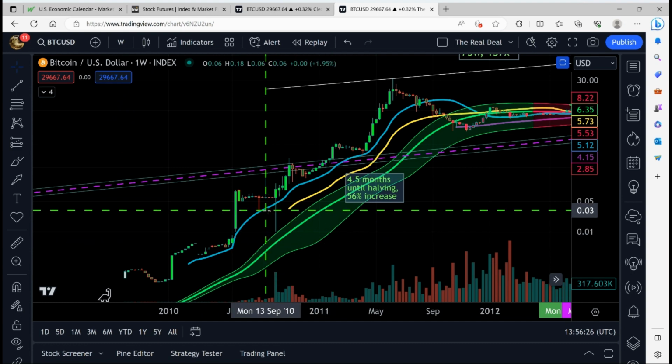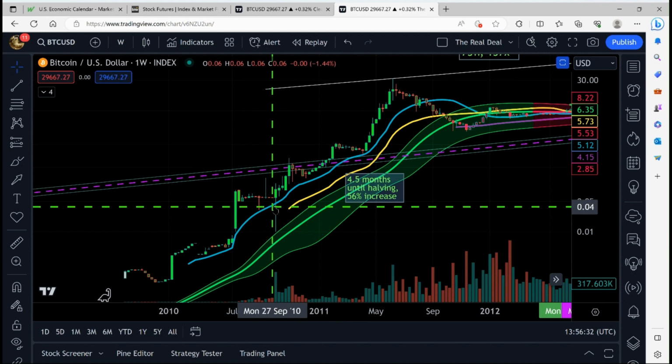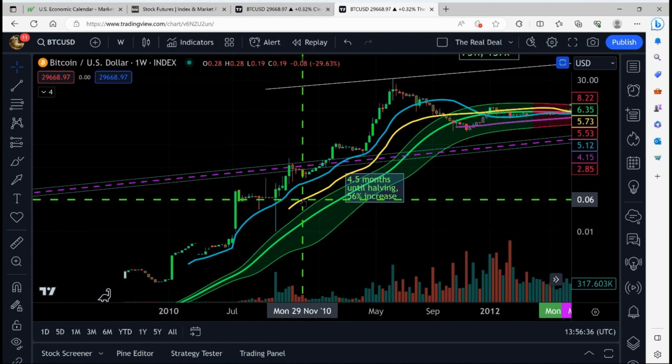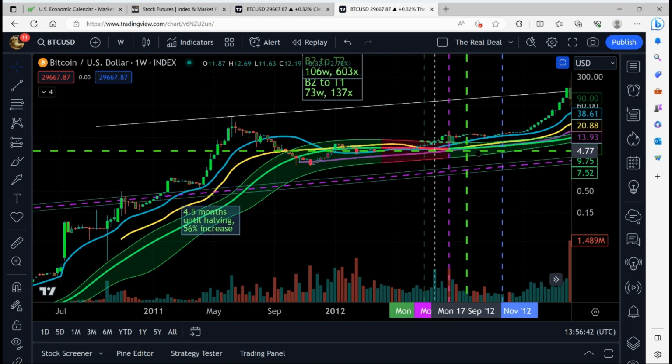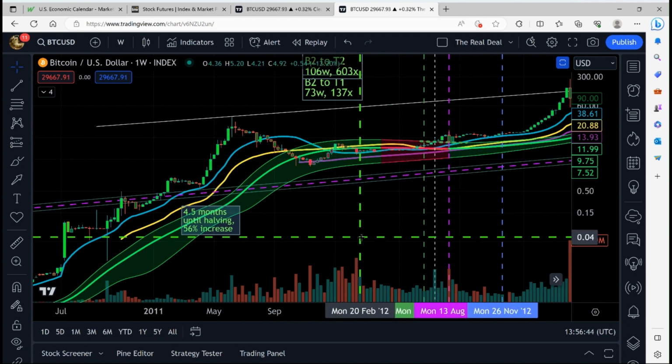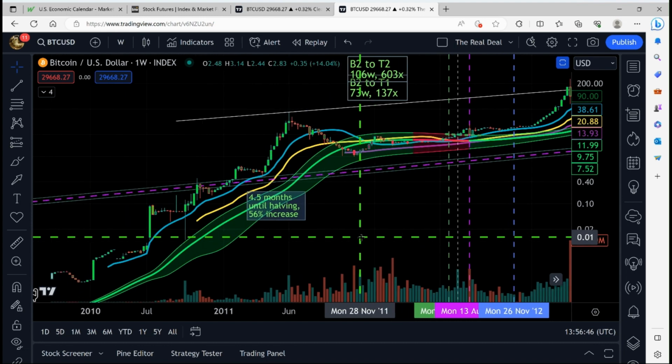We have the 20-week moving average, or whatever time frame we're on, in aqua here, the 50 in yellow, the 100 in purple, and later on you'll see the 200 in red.